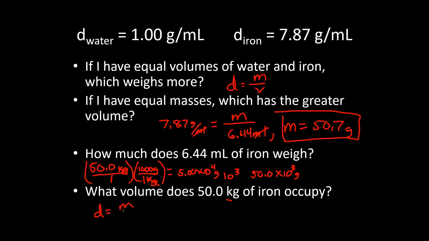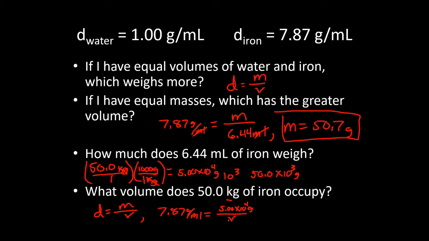we know the density is the mass divided by the volume. And we know the density is 7.87 grams per mL. We just figured out that the mass is 5 times 10 to the 4 grams. We are trying to find the volume.